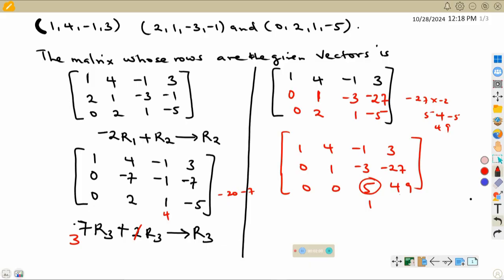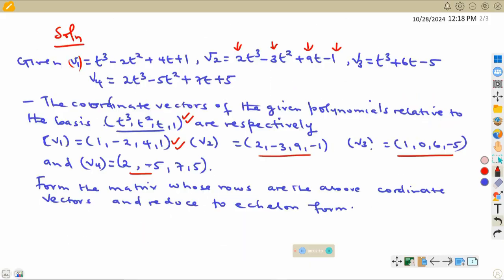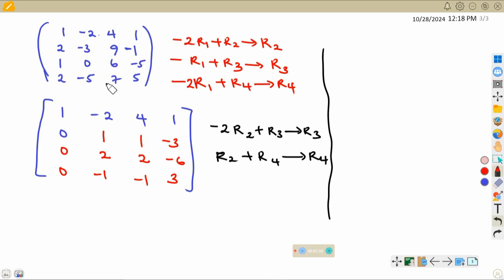So from that we shall be able to obtain this matrix, which we can now use the row operations on until we obtain the echelon form.